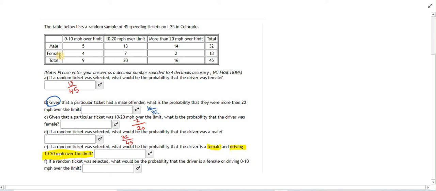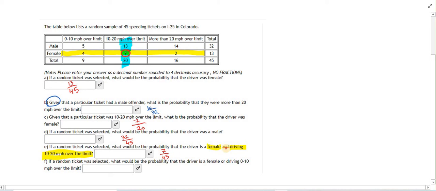So here are the females. Here are the people who are driving 10 to 20 miles over the limit. I notice that one number only satisfies that, which is the 7 females. So I have 7 chances to select out of 45 in total.